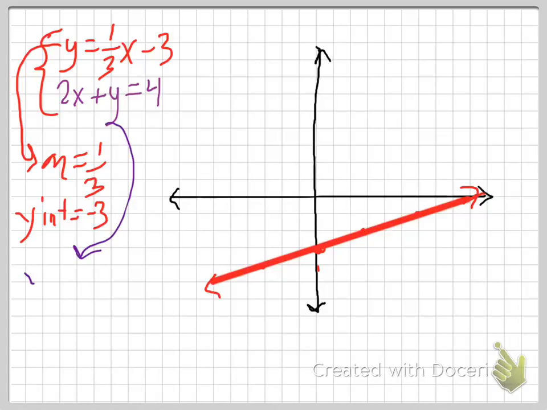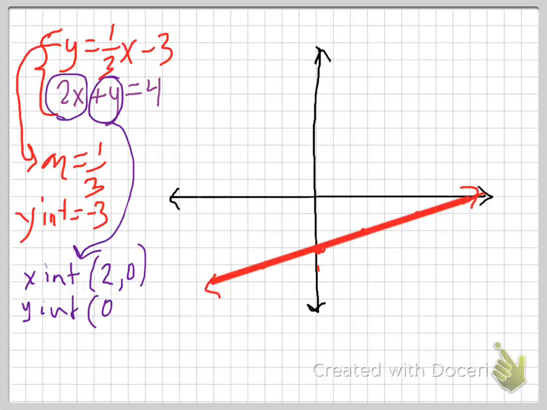So my x-intercept, if I cover that plus y, because every time my line crosses x-intercept, the y is 0, so I'm going to pretend that's 0, and I solve for x, I get 2. So my x-intercept is 2, 0, and my y-intercept, if I now cover this one and solve, I get y equals 4, so I know it's 0, 4.